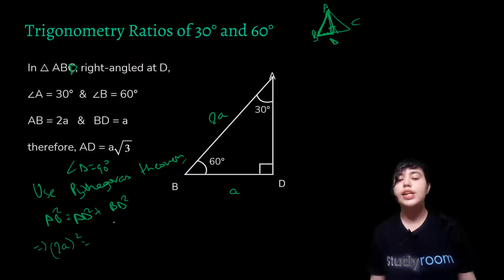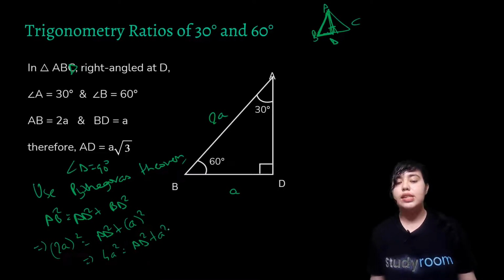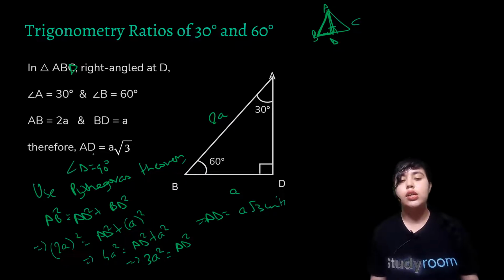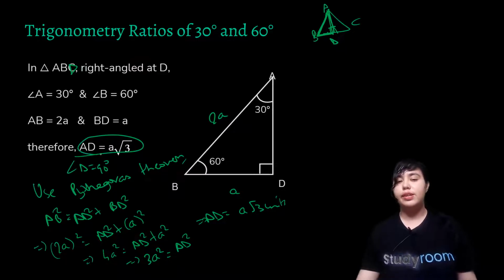So 2A whole square is equal to AD square plus BD square, which is A square. What is 2A whole square? 4A square is equal to AD square plus A square. If I take the A square to the LHS, it becomes minus. So 4A square minus A square is 3A square, which is equal to AD square. If I take square root on both sides, I get AD as A root 3 units. That is what we have written over here.